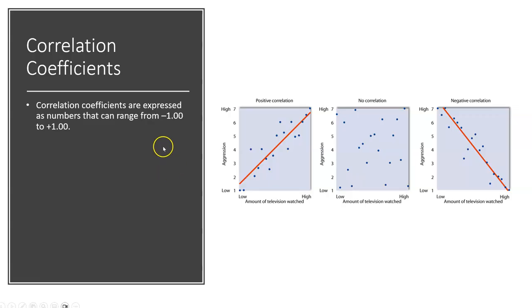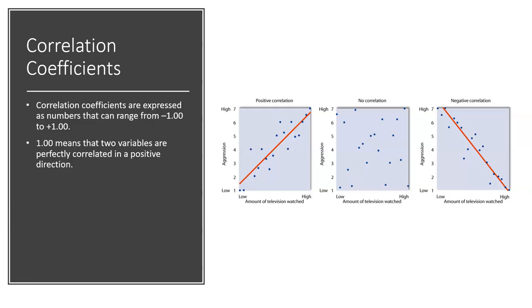Now, the closer the number gets to 0, regardless of the sign, the weaker the relationship. So 1, whether it's positive or negative, is the strongest value you can get. It's a perfect relationship.